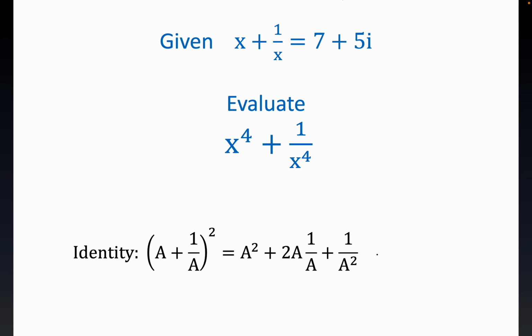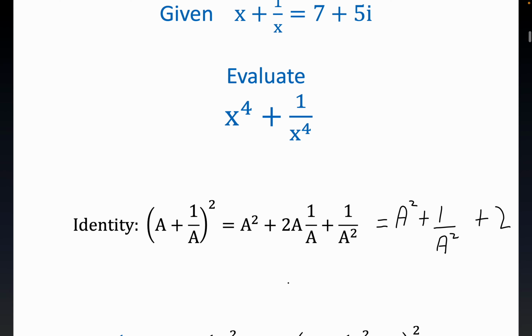So we can rewrite this in a friendlier fashion: a squared plus 1 over a squared plus 2. Again, this is a natural thing to be curious about since the given is more or less in this form. Okay, so let's keep going.